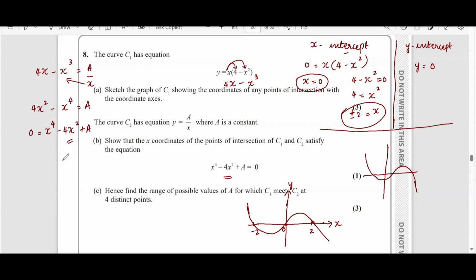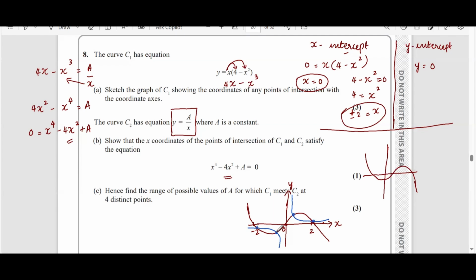This is what we had to prove: x to the power of 4 minus 4x squared plus a equals 0. Now hence find the range of possible values of a for which C1 and C2 meet at 4 distinct points. In this case, y equals a by x. a can be either positive or negative. If a is positive, then our graph will be in the first quadrant and the third quadrant, and we will have 4 points of intersection.